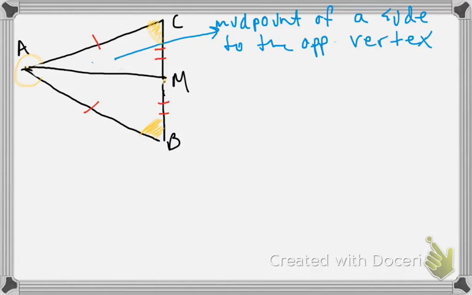So we're going to have to use congruent triangles here, and I'm going to do a 2-column side-by-side proof here. So let's start with that. We know that it was given to us that AC is congruent to AB because it's an isosceles triangle.